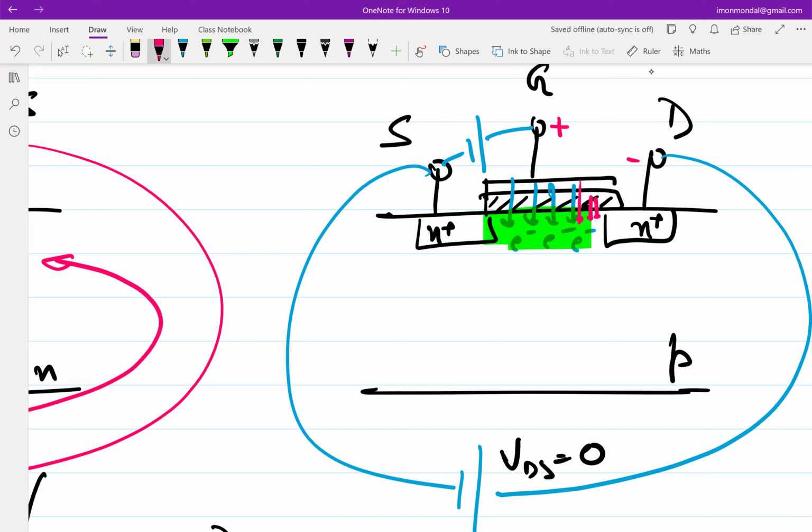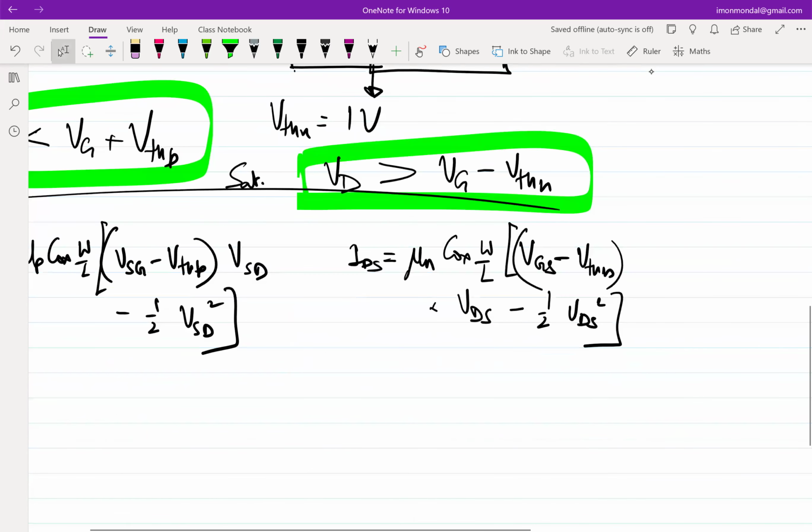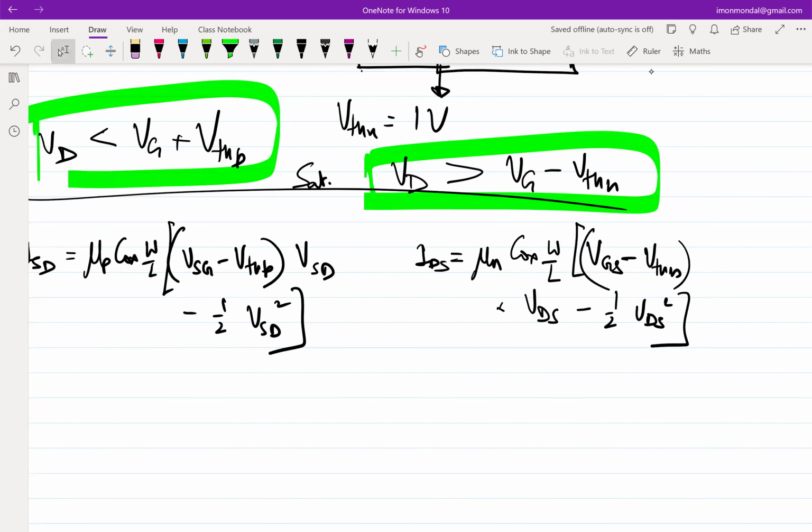So what is the critical value of the VGD for which the channel will completely vanish? It will be equal to the threshold voltage, right? When this becomes threshold voltage, then the channel vanishes. That's all we are doing. That is what we are writing here: when VD becomes greater than VG minus threshold voltage.